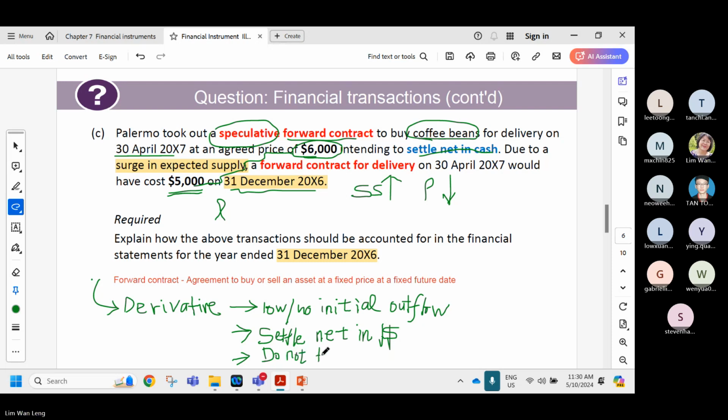We do not take possession of the coffee beans. We just want to settle net in cash. We don't take the coffee beans.